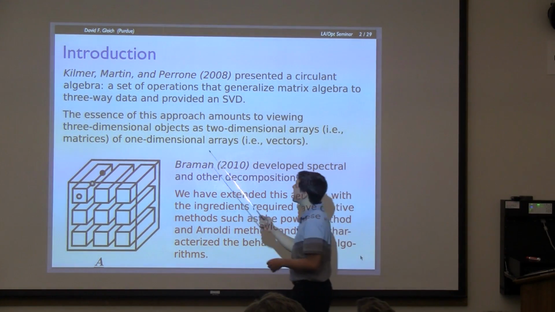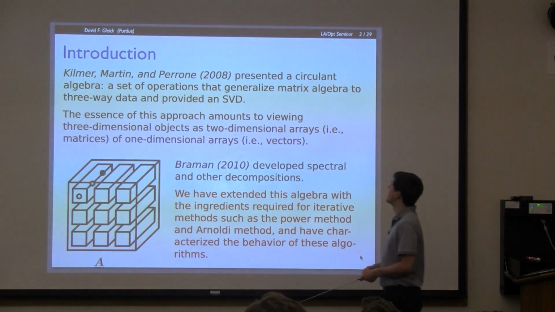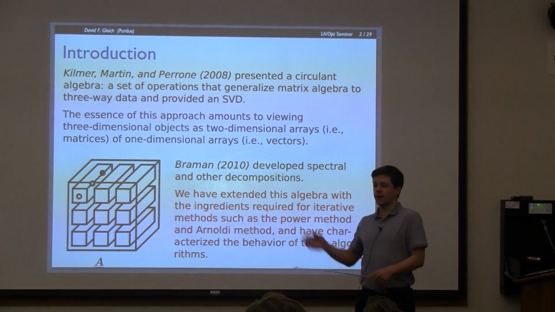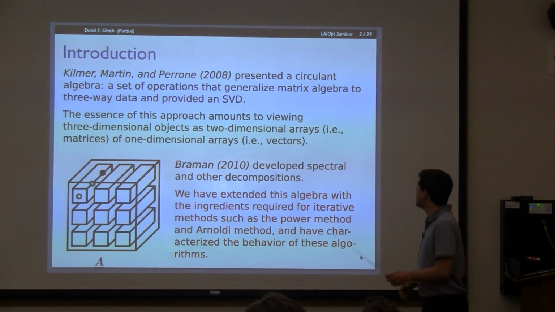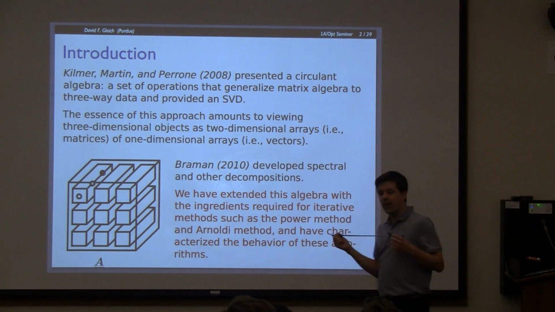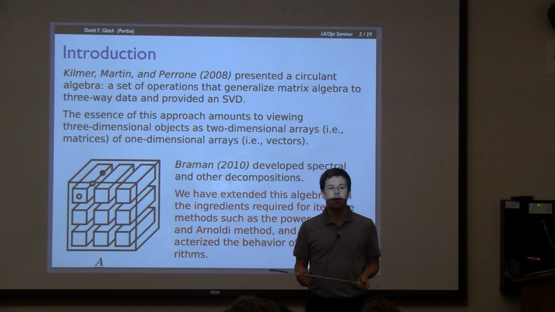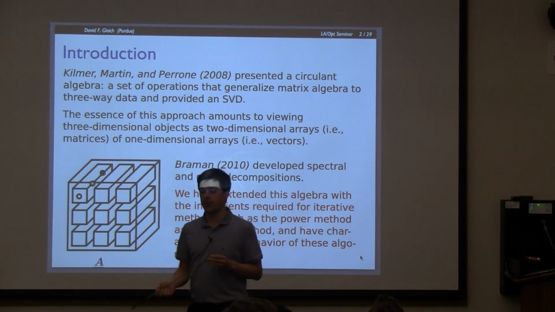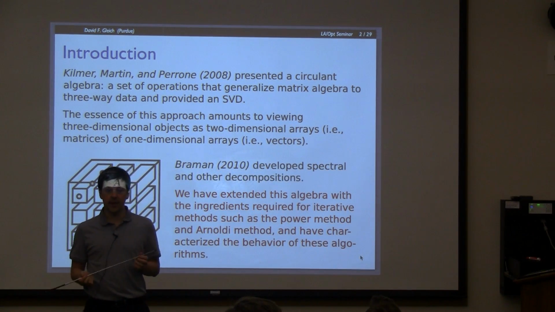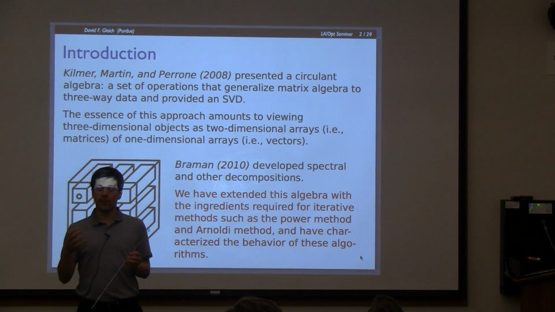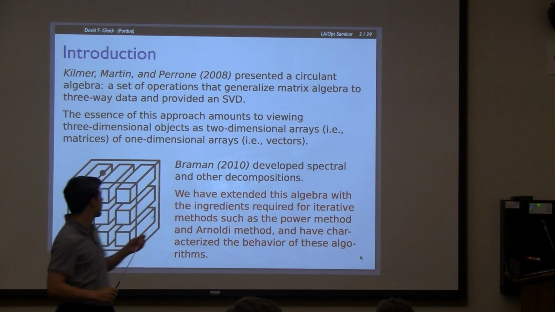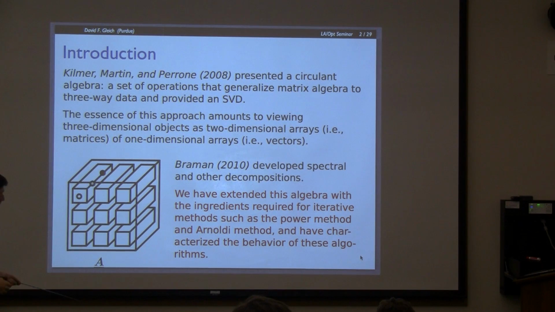contributions here was by Kilmer, Martin, and Perron in 2008. And they presented what we're going to call in this talk a circulant algebra. So this is a way to take a lot of what we know about matrix algebra and generalize it to working with three-way data, so a triplet of data or a data cube in a particular way.